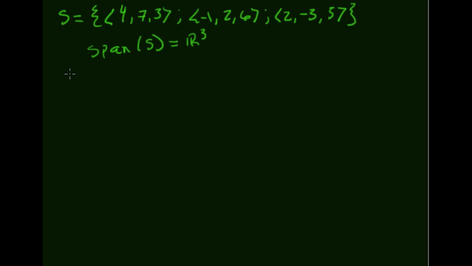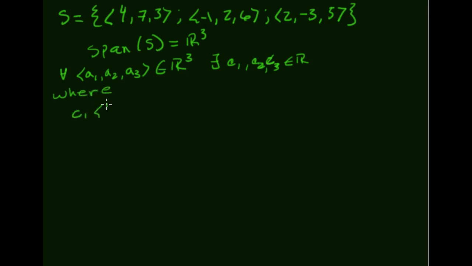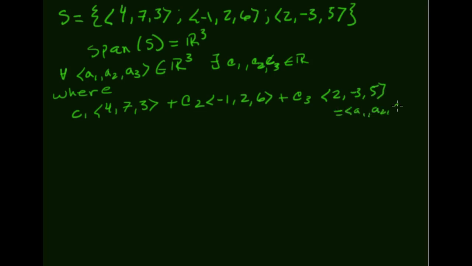So the idea here is that for every A1, A2, A3, which is an element of R3, there exist C1, C2, C3, which are elements of the reals, where C1 times 4, 7, 3 plus C2 times negative 1, 2, 6 plus C3 times 2, negative 3, 5 equals A1, A2, A3.